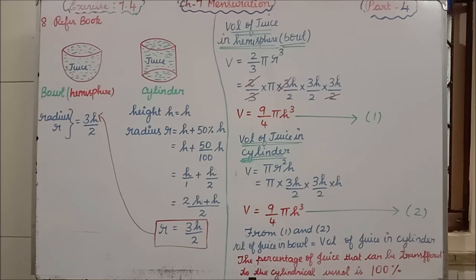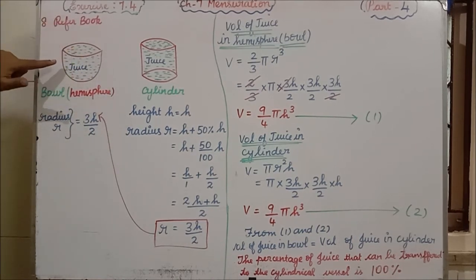Now we'll see the 8th question. All of you see the question in your book. I am going to read the question, so listen to it carefully. A hemispherical bowl is filled to the brim with juice. First, what they are saying is a hemispherical bowl is filled with juice.